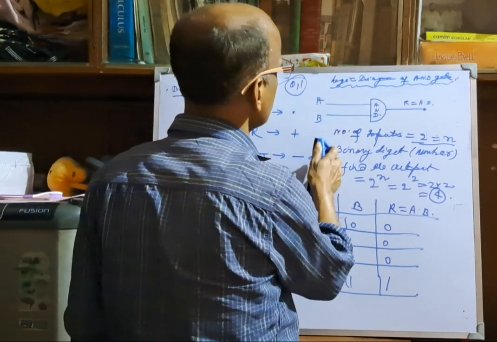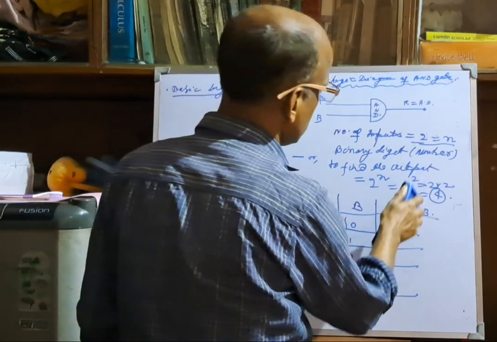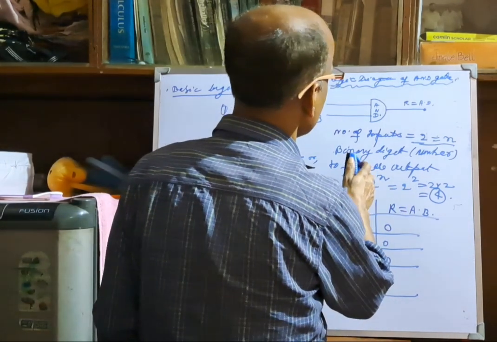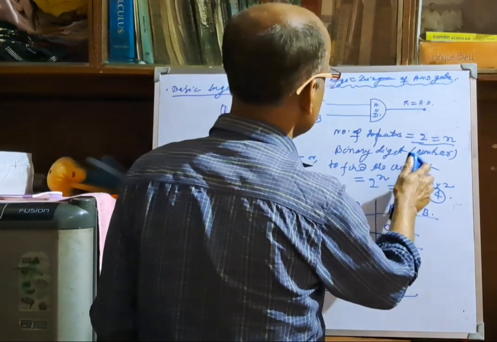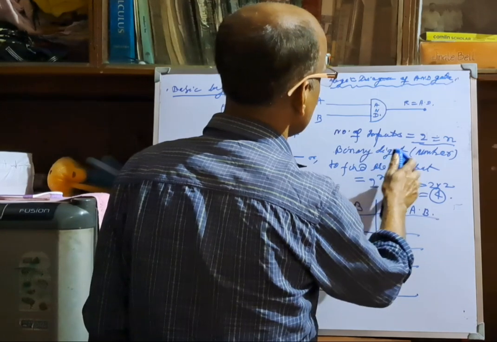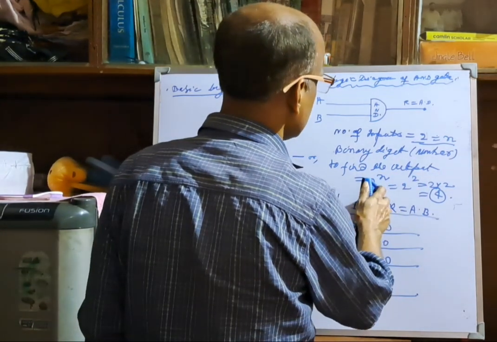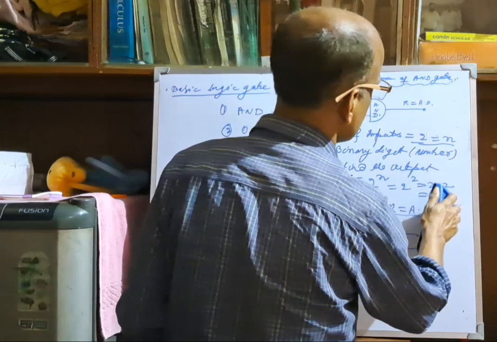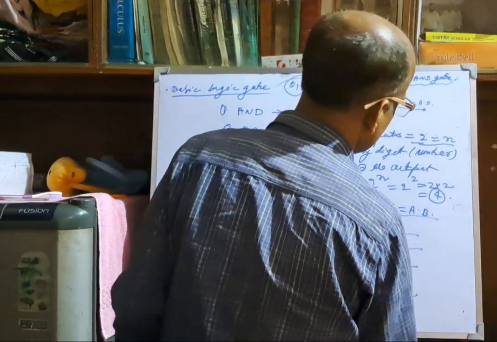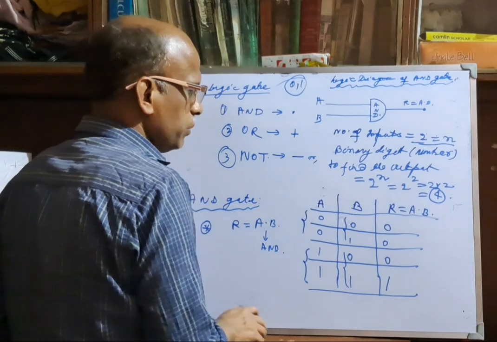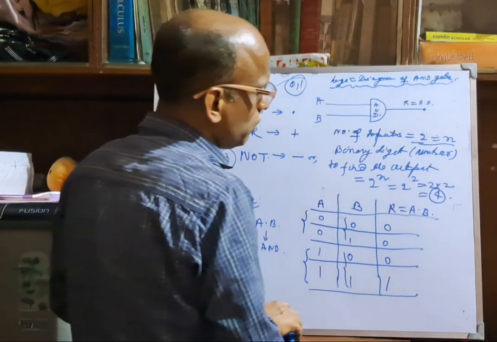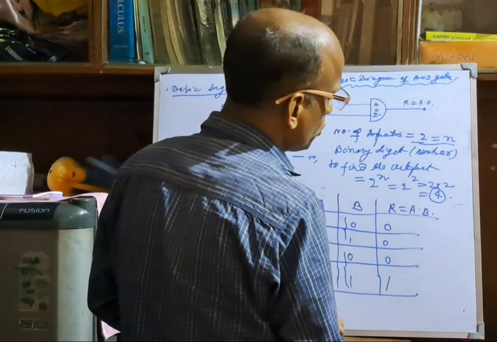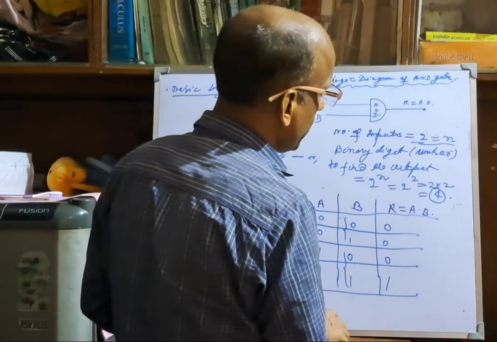Suppose there are three inputs A, B and C. Then the required number of binary digits, or number, to find the output is 2 to the power n, that is 2 to the power 3, that is 2 into 2 into 2, that is 4 to the 8. Or if there are 4 inputs, then 2 into 2 into 2 into 2, 2 to the 4, 4 to the 8, 8 to the 16.